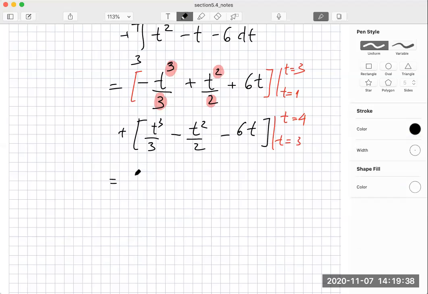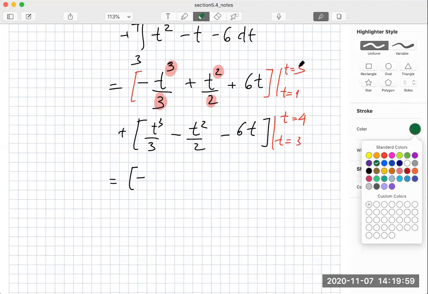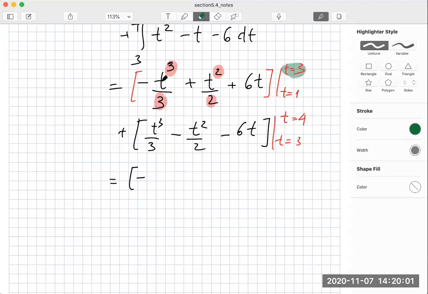So, anyone help me to evaluate the value of the first one? We substitute the value of the upper limit, t equal to 3, here.